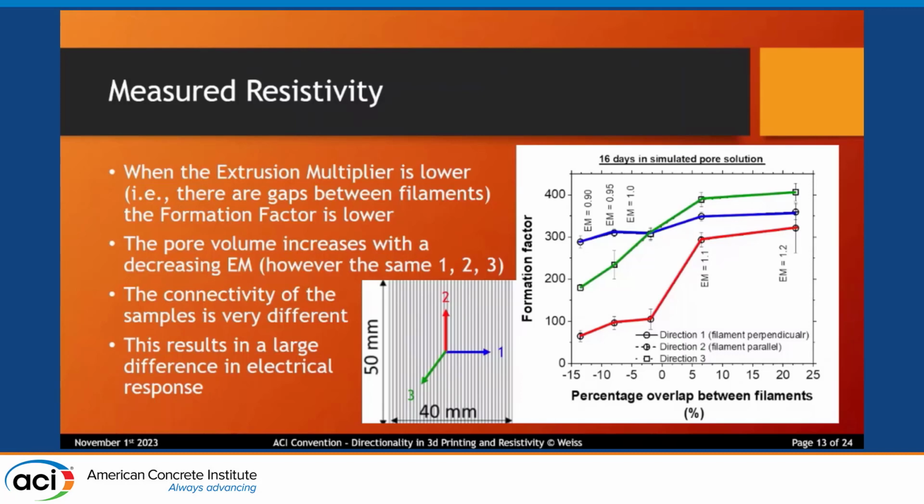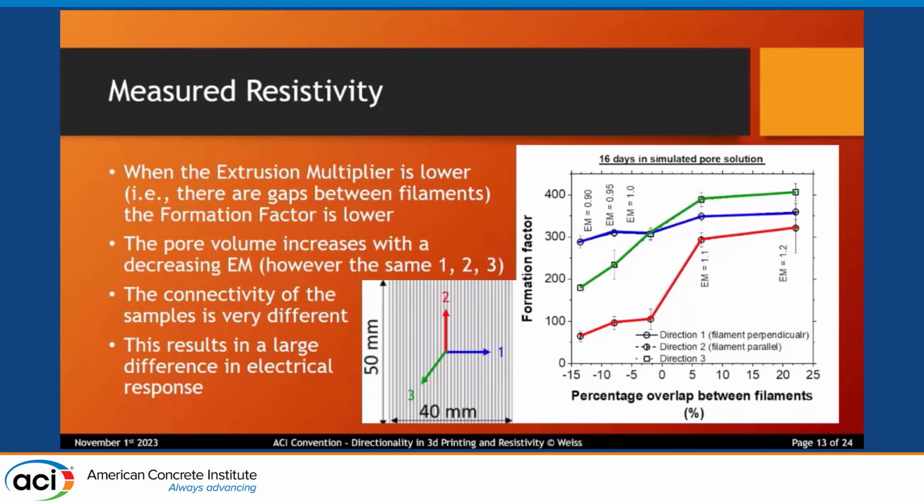Here is one where it's kind of low and the system doesn't have enough material coming out. If we look in the three directions, we can see that they are impacted by that same porosity very differently. Right, the one direction here has about a 15 or a 20% reduction, where the second and the third direction coming out of the screen have a much more substantial impact of the connection or disconnection of these filaments to each other.